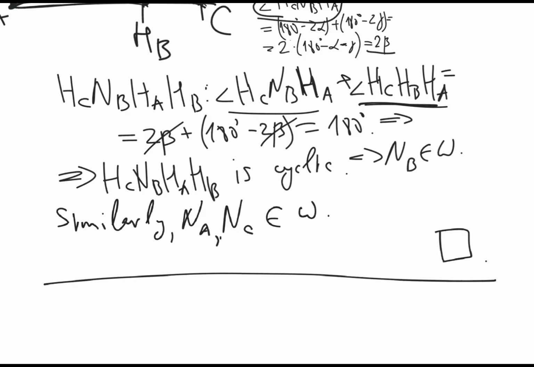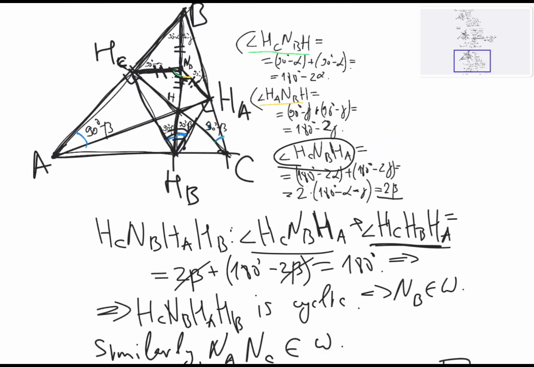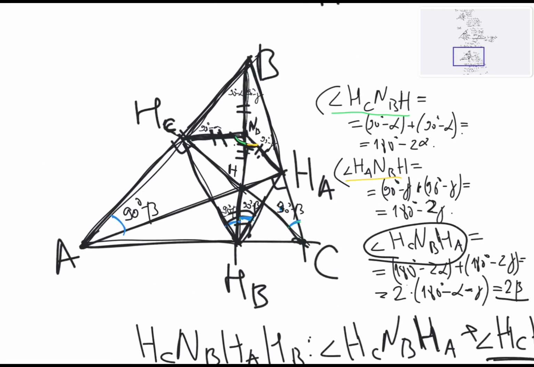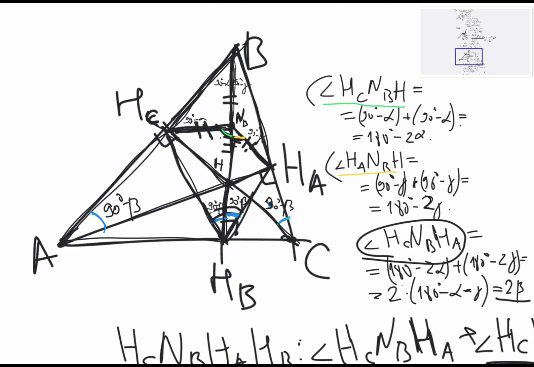I will notice that for this last part, the proof that NB lies on omega, there is a different proof, without calculating angles, using homothety. Because homothety is considered an advanced topic, in that sense it's more complex, but it's more beautiful, I would say.